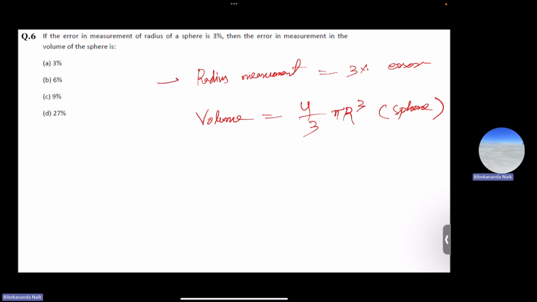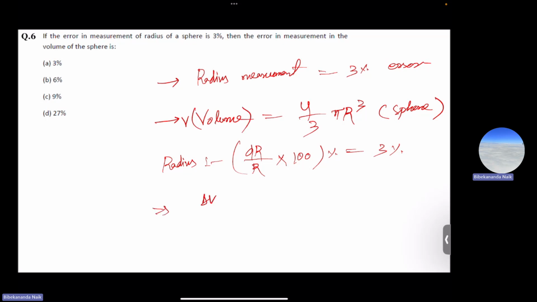So we need to find out what will be. So in case of radius, for radius, delta r by r into 100 is 3%. Then suppose V is volume, so we need to find out delta V by V into 100%.